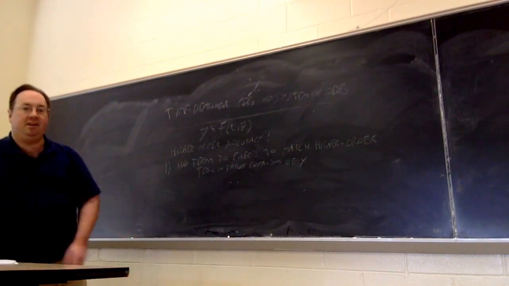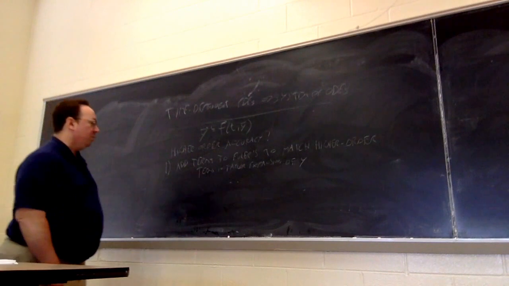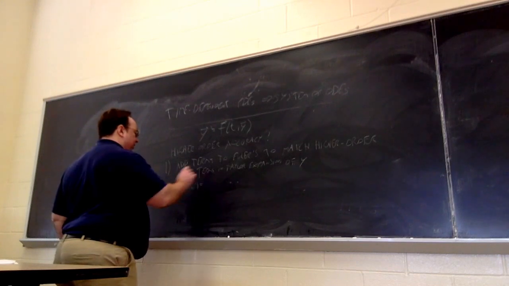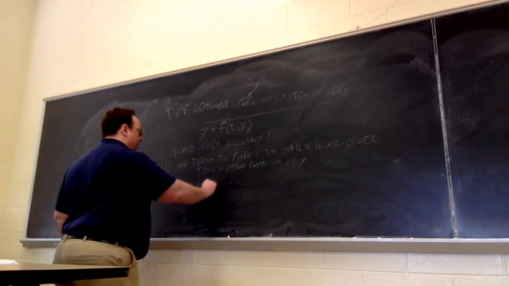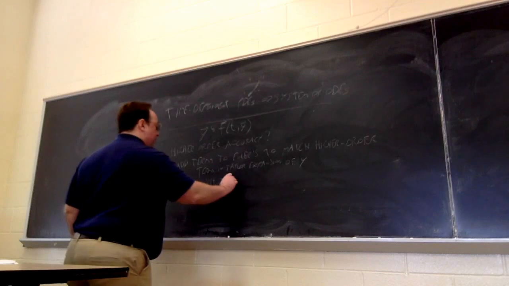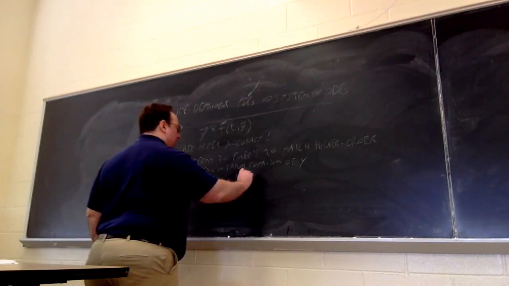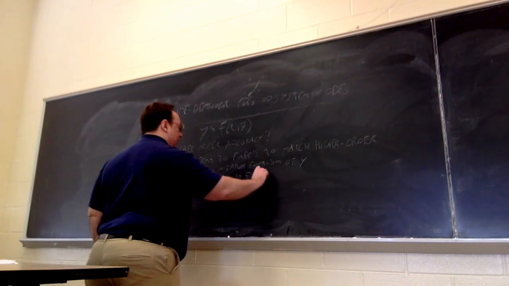So to give you an idea, even just going out one term, y of tn plus 1 is the exact solution, so I just Taylor expand it. You get y of tn plus delta t y prime, but y prime is equal to f.